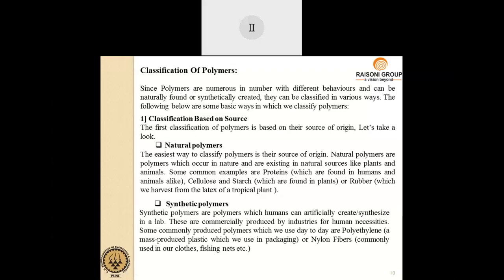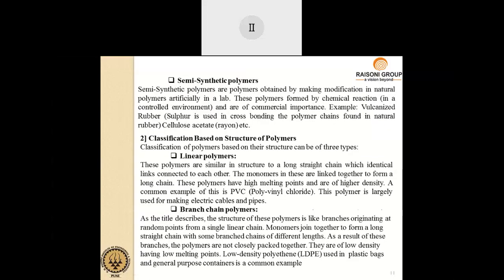But basically we can classify these polymers in four ways. First, classification based on source, meaning how or from where you are getting the polymers. Another is classification based on structure of polymer. What is the structure of your polymer? Based on that also we can classify.